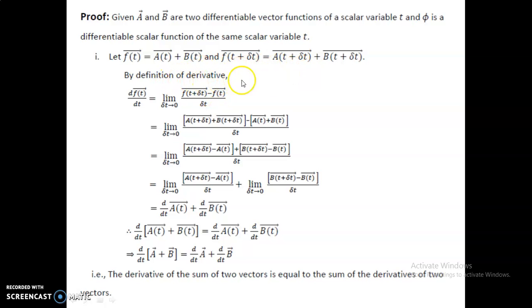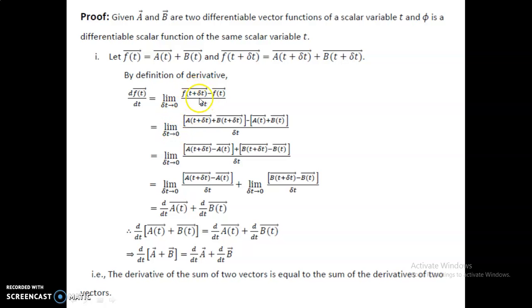Then we make use of the definition of the derivative of a vector function: d by dt of f is the limit of f of t plus delta t minus f of t divided by delta t as delta t approaches 0.